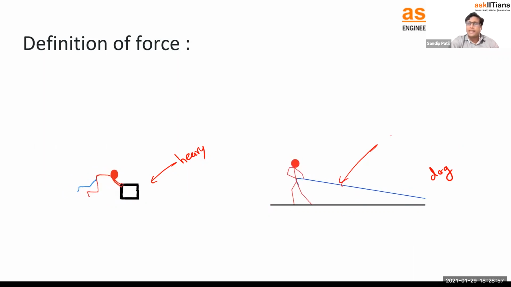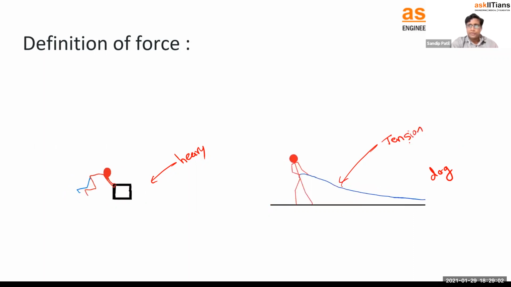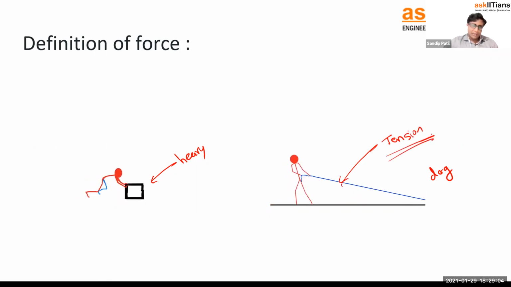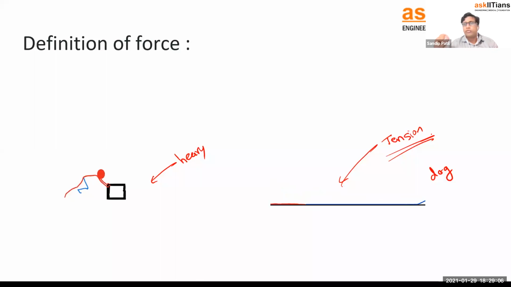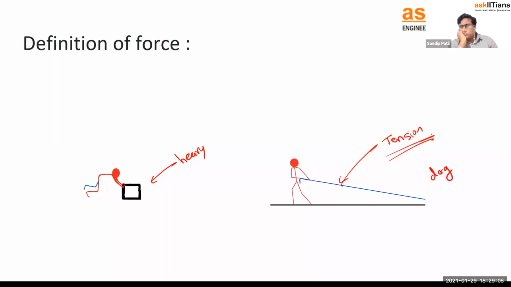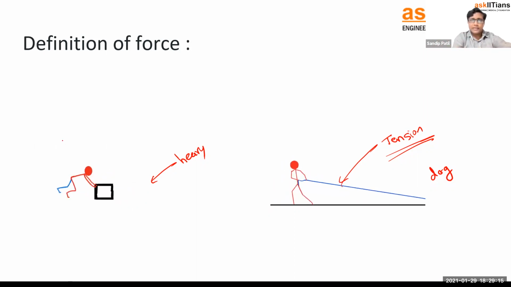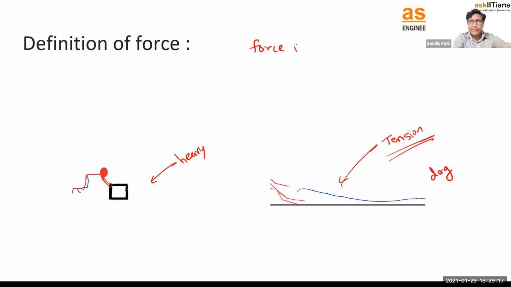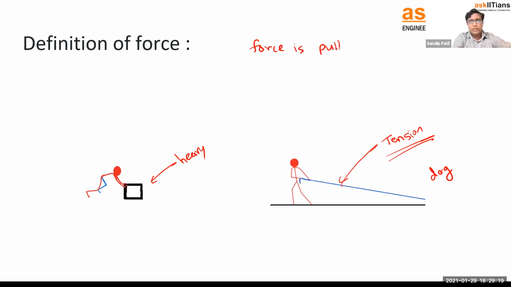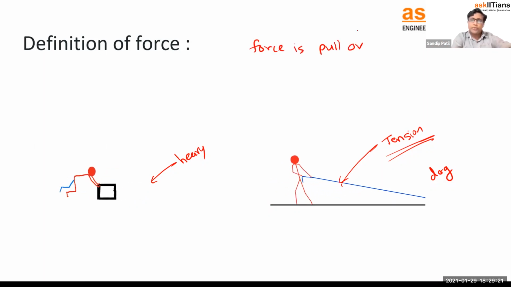And wherever there is a string, there will be tension. Tension is not our studies tension; it is the tension force. Now, for the definition of force, we have already defined force in the previous slide: force could be a pull or a push.